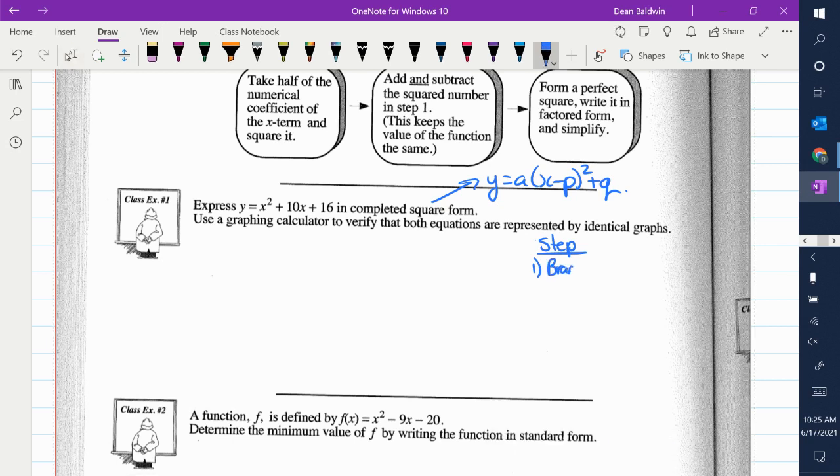So I'm going to add a couple steps. Bracket first 2 terms. So basically, I put brackets around the first 2 terms like that: x squared plus 10x.